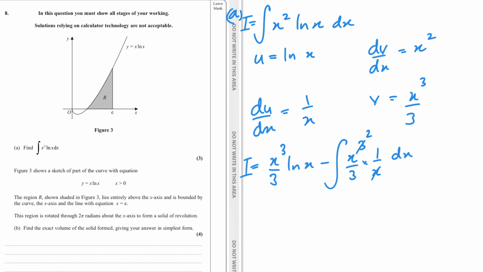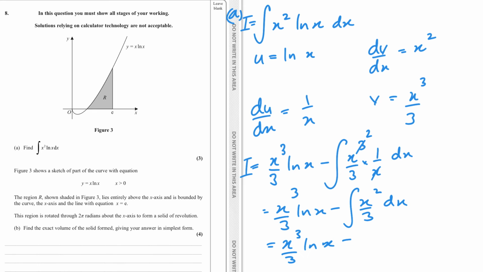This will cancel with this one, and then we can go for it. So x cubed over 3 ln x minus, and we are actually going to integrate x squared over 3. So let's do that. x cubed over 3 ln x minus, and then integrating this, we get x cubed over 3, so it's going to become over 9, plus c.